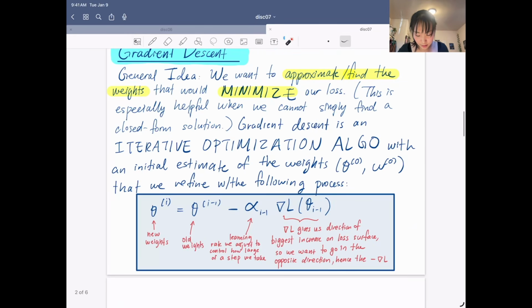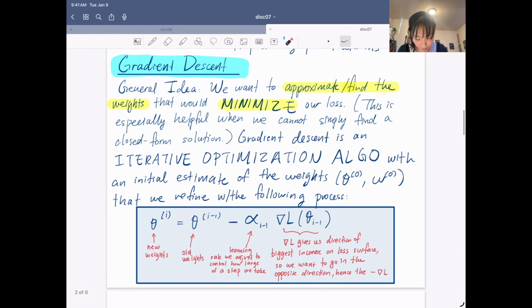The process is that we take the old weights and subtract some learning rate times the gradient of the loss surface. We're trying to minimize our loss, and to do so we start with some initial weights. Oftentimes we just initialize all the parameters we're trying to tune to 0.